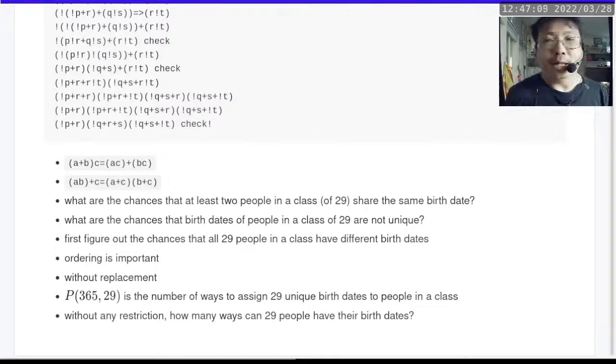I want to find out how many ways can we have birth dates assigned to these people with no restrictions whatsoever. So the first person comes up to the line, and I say, what's your birth date? Oh, it's March 1st. Fine. Second person, come up. What is your birth date? Whatever, right? So how many ways can we assign birth dates to 29 people in a class when there are no restrictions? I want you guys to think about it and try to answer that question.